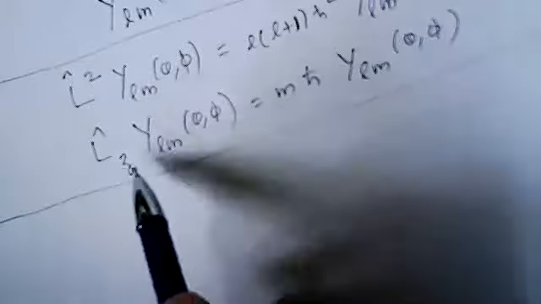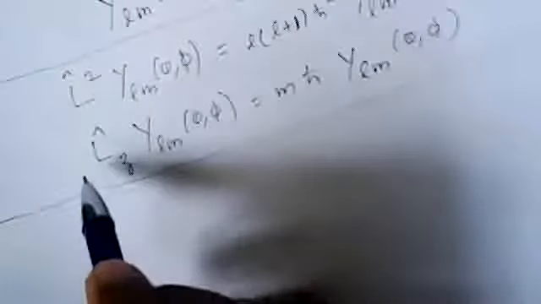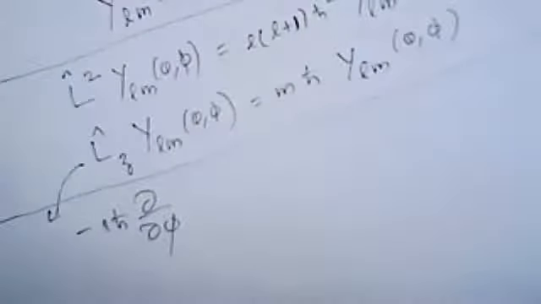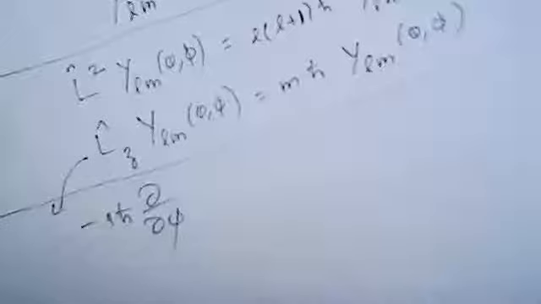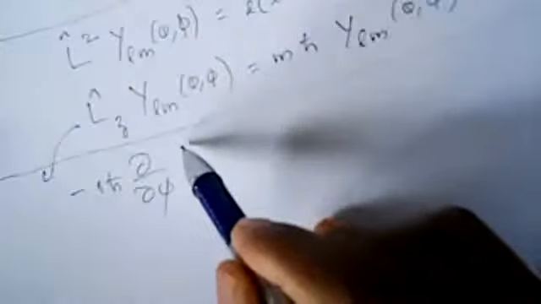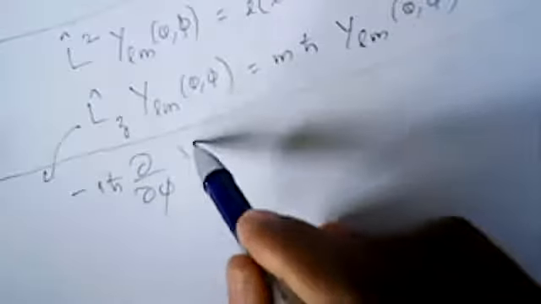So take the second equation. We know what LZ is. Substitute for LZ: minus i h cross dou by dou phi. This we found in the last class.